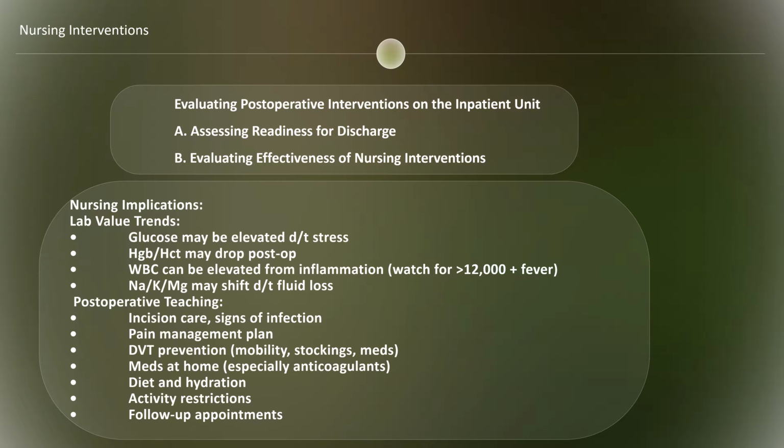Labs might drop post-op, which is normal, but see how it trends. We talk about infection: white blood cells can be elevated from inflammation, so watch for fever. Then again, sodium, potassium, and magnesium might shift.